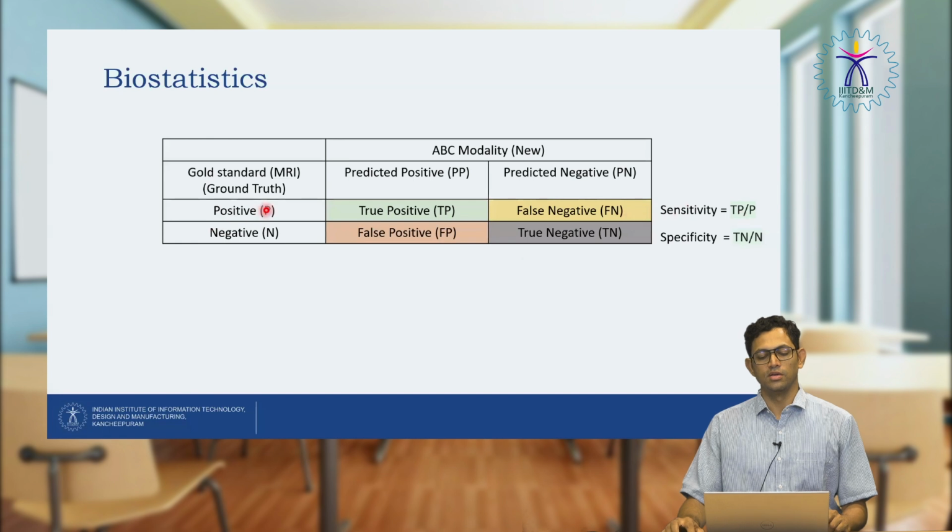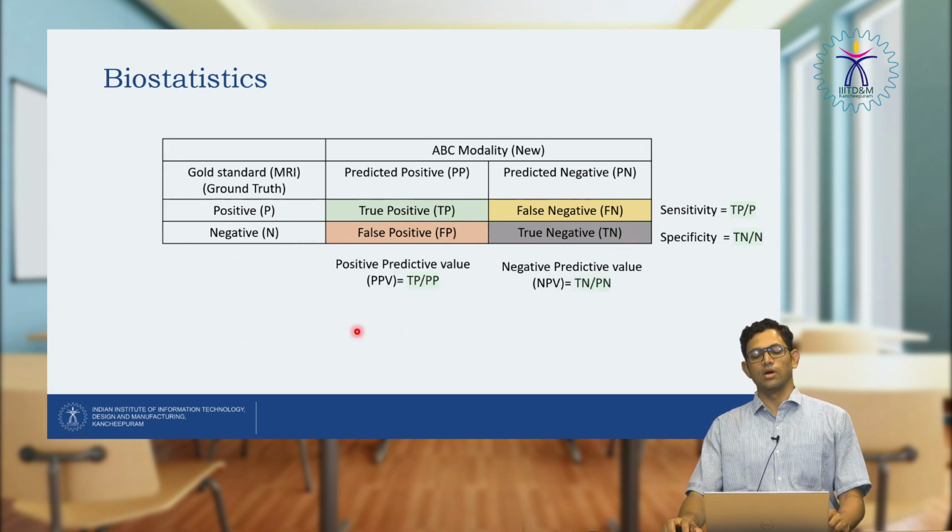So here P is nothing but equal to TP plus FN. Similarly, specificity is defined as the number of patients as true negative divided by the total number of patients as negative. Here capital N is nothing but the summation of FP, that is false positive, plus true negative.